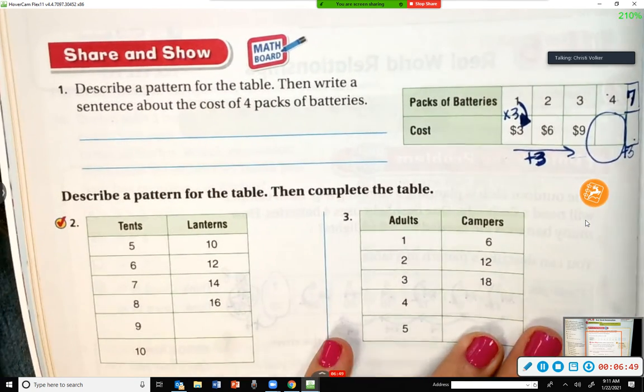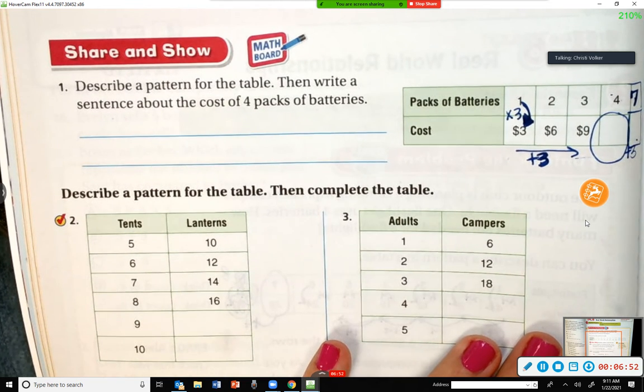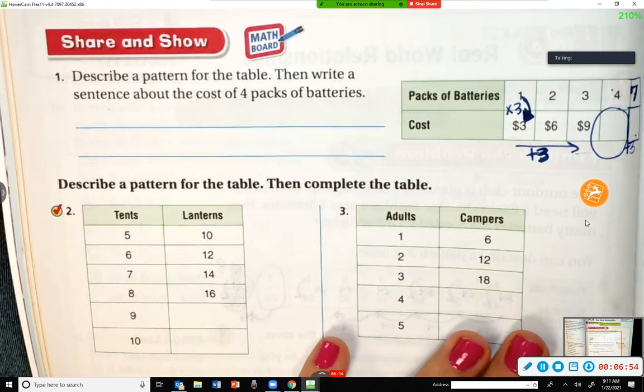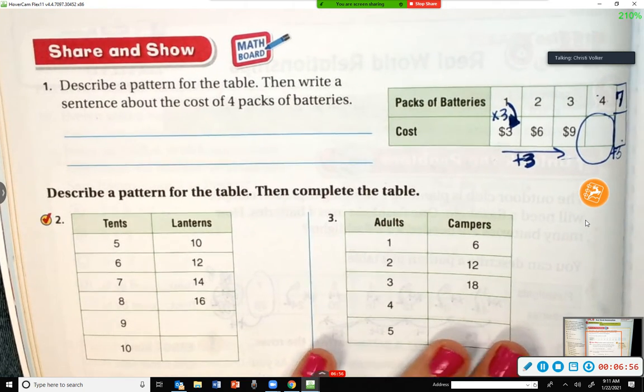Alright, so what could I say for a sentence for this? Describe the pattern.